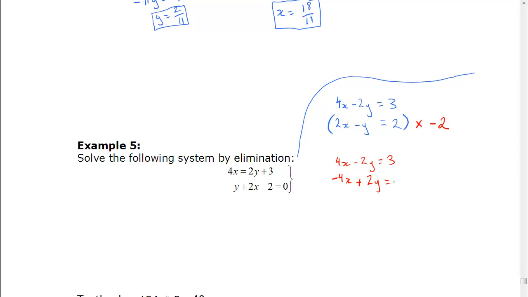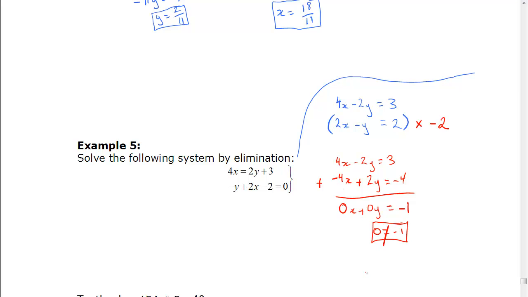2y equals negative 4. So when we add these together, 4x plus negative 4x is 0x. Negative 2y plus 2y is 0y. And that equals 3 plus negative 4, which is minus 1. So we end up with 0 equals minus 1. Well, that doesn't make any sense.